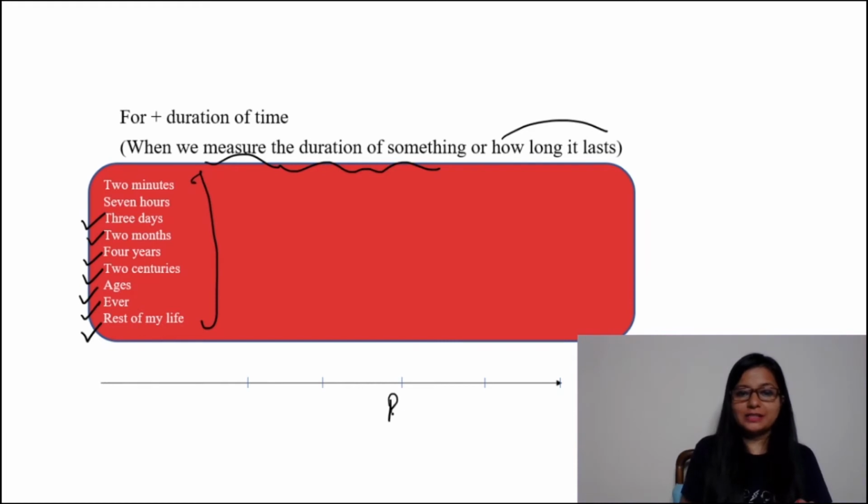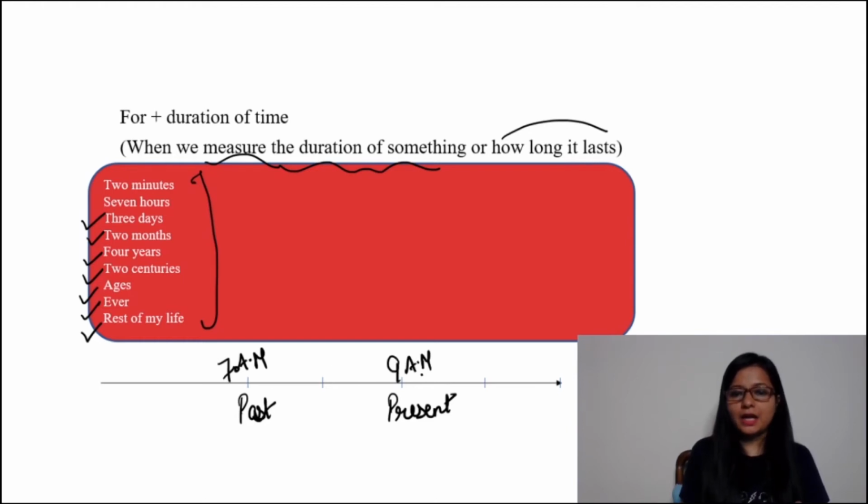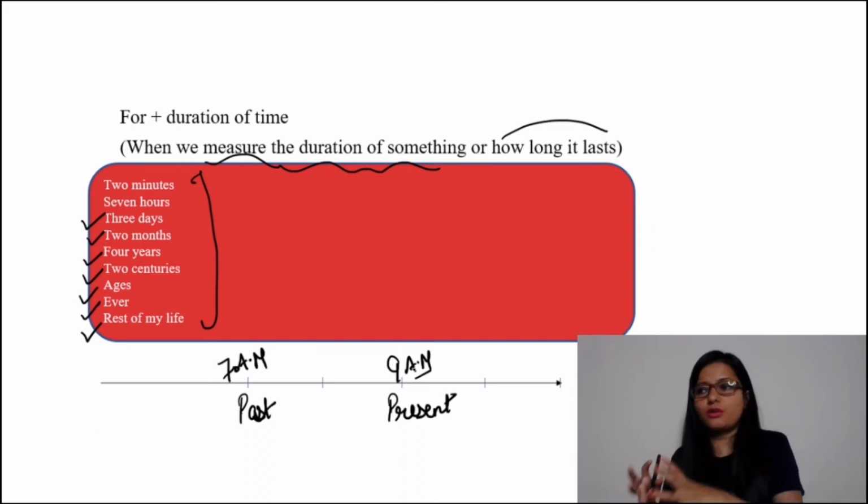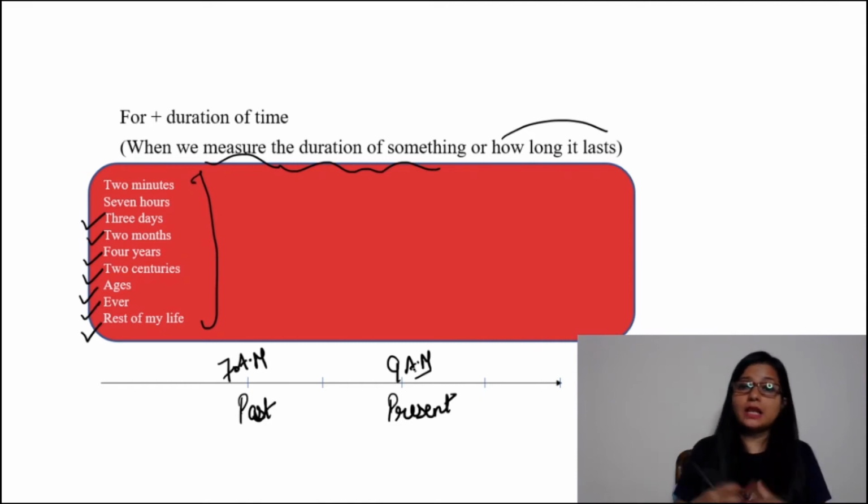Suppose you're standing here in the present and you reached the hospital at 7 a.m. Okay, and now it's 9 a.m. If you get a call and you want to tell that person that I have been waiting for such a long period of time, then how will you express it?